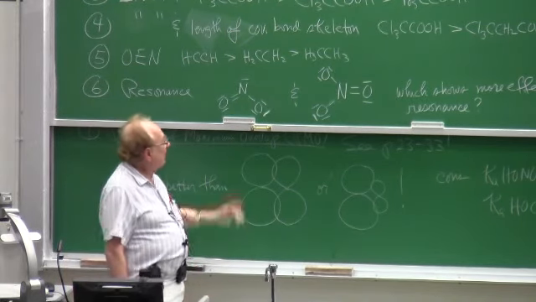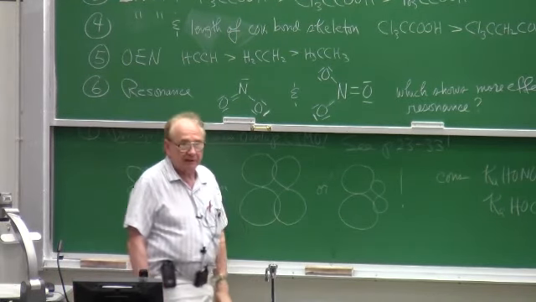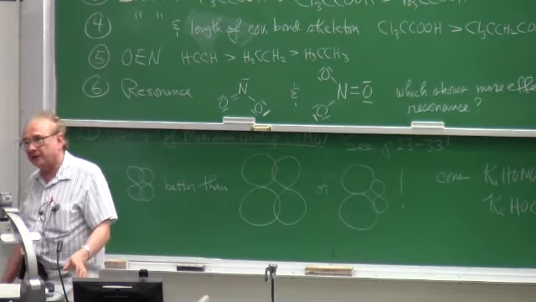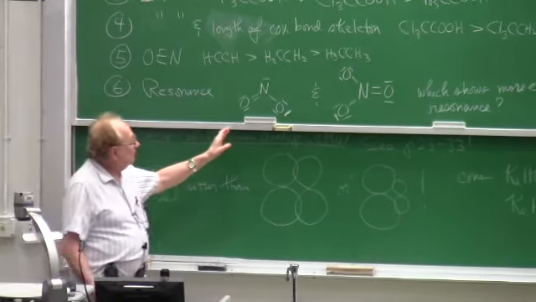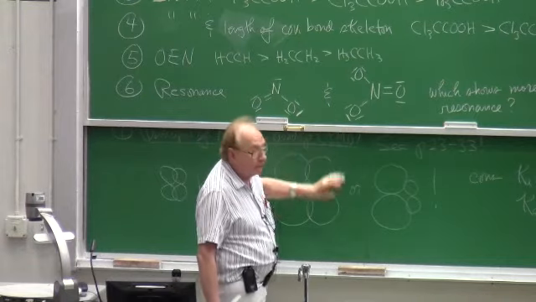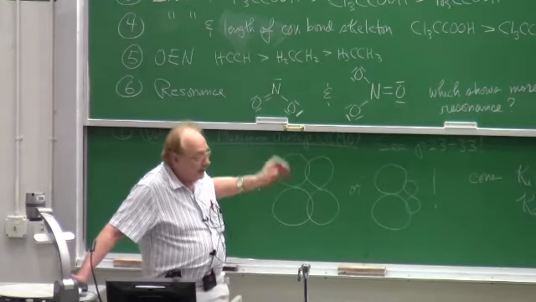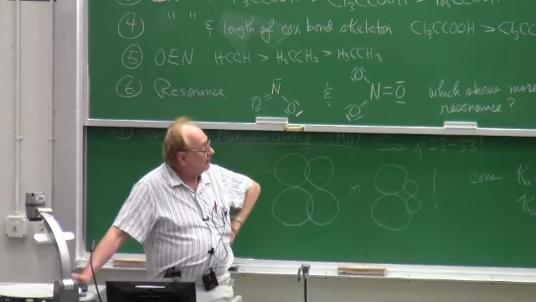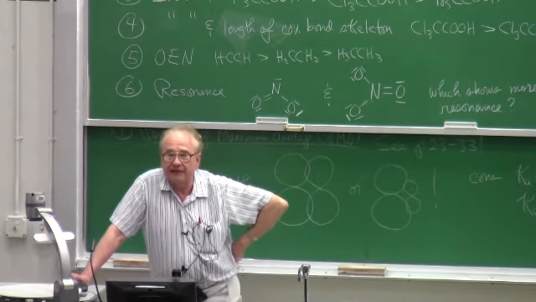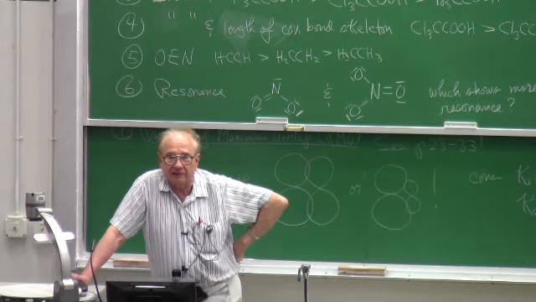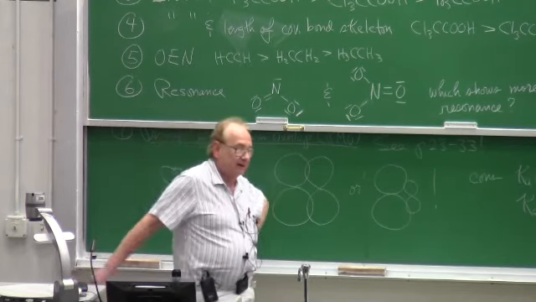Okay? Now between these two, one aspect of resonance we didn't touch on yesterday is which of these will stabilize negative charge density more effectively by resonance? Which shows the greater resonance effects?